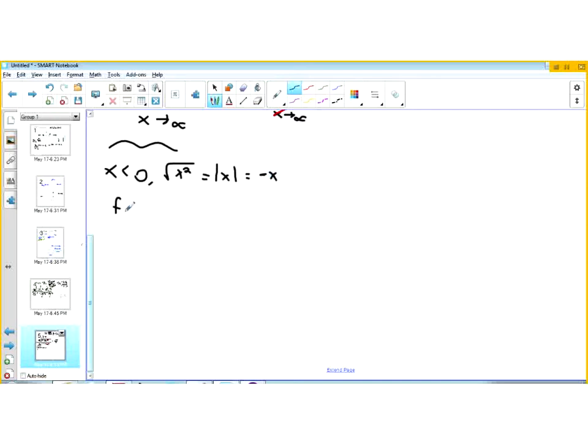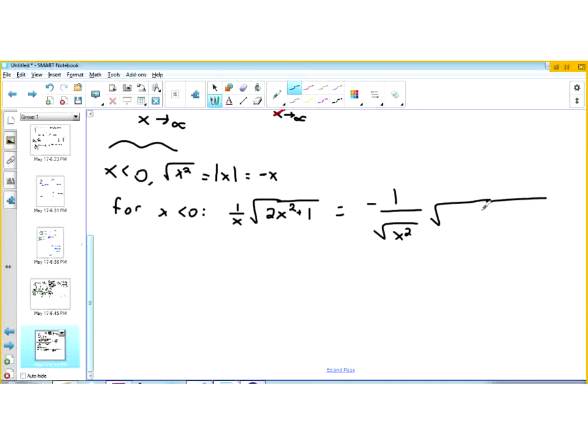So for x less than 0, 1 over x times the square root of 2x squared plus 1 is equal to the negative of 1 over the square root of x squared times 2x squared plus 1.